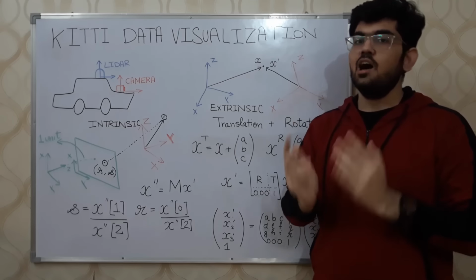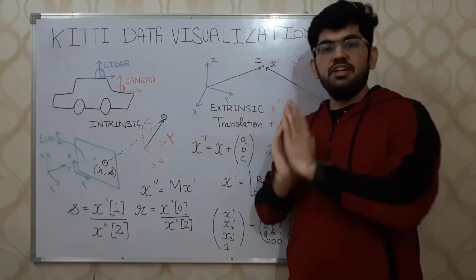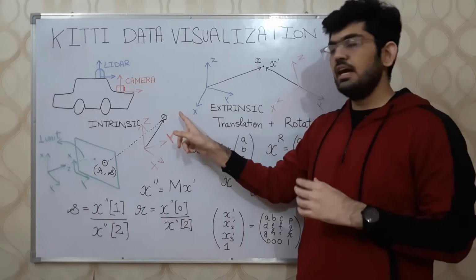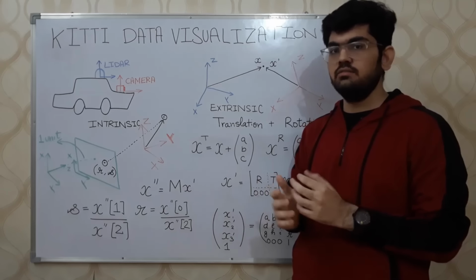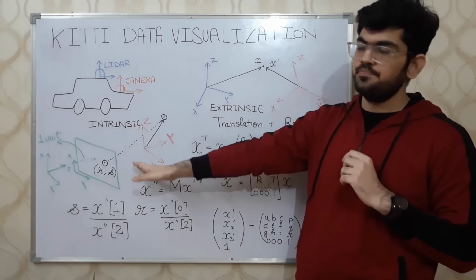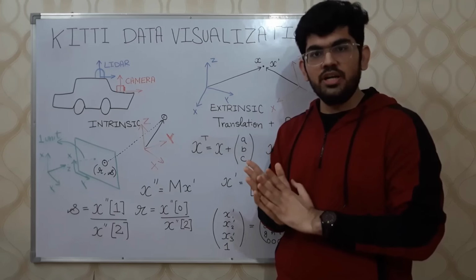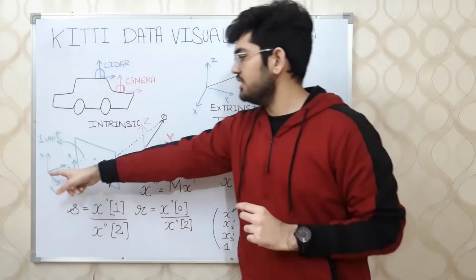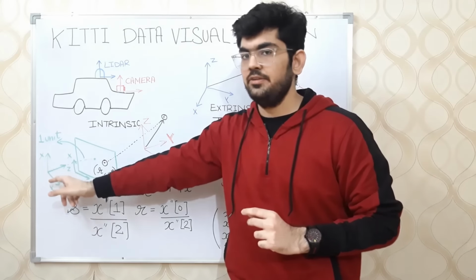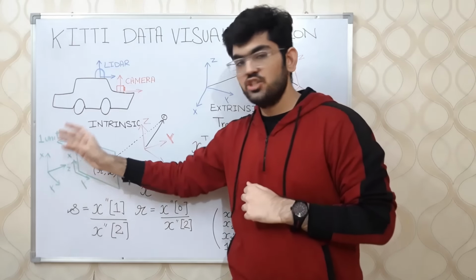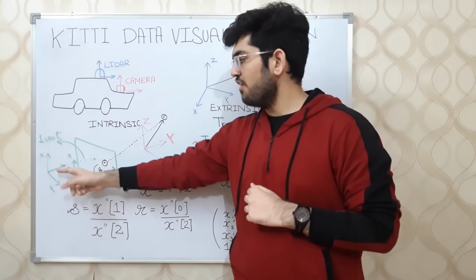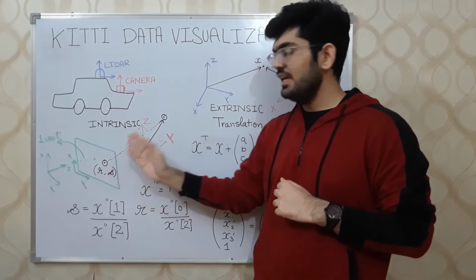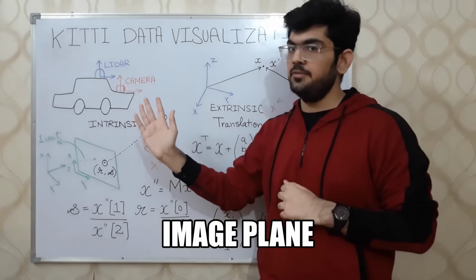Now, mathematically, how does a camera work? If we consider this red coordinate axis as the camera axis, we have this point in the 3D scene that we can see through this camera axis. Now we define a new point which is called the camera center, which is taken to be the origin of this coordinate axis. All the points that are situated at a distance of 1 unit from this camera center in the direction of the z-axis is what we call the image plane.